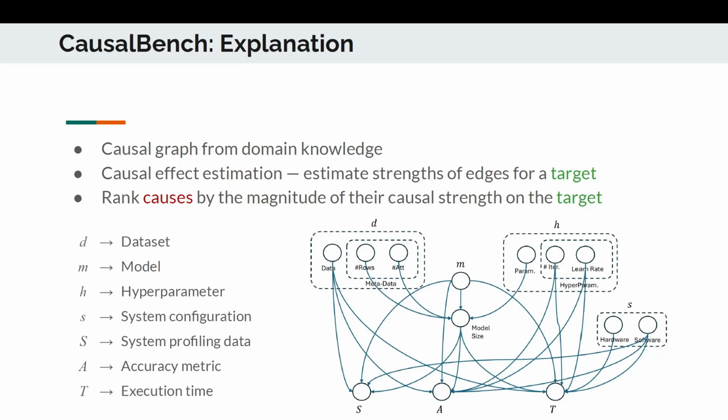But as I have said before, we need a causal graph for this, because if we want to estimate the effects of which affects which one, we need a causal graph. So, how do we get the causal graph? We either want to do causal discovery or contact experts. Thankfully, we have the domain knowledge for this. So we have provided you with a causal graph of a benchmark in CausalBench.